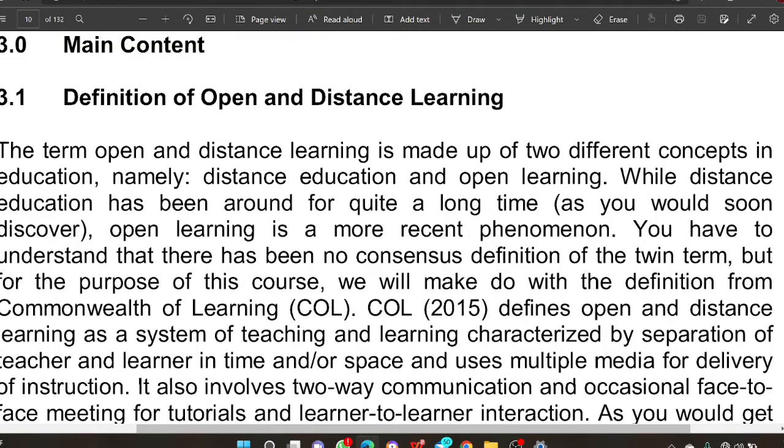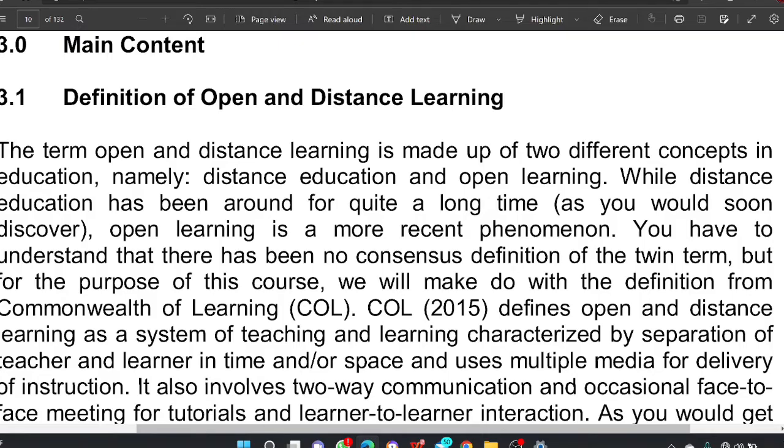While distance education has been around for quite a long time, as you would soon discover, open learning is a more recent phenomenon. You have to understand that there has been no consensus definition of the twin term, meaning the two terms spoken of earlier, that is open learning and distance learning.